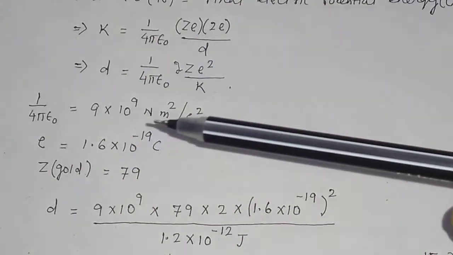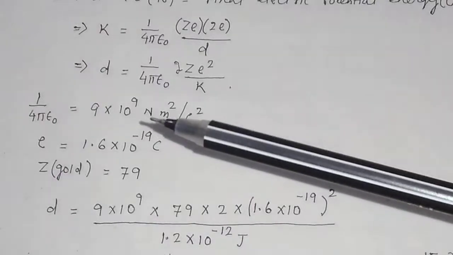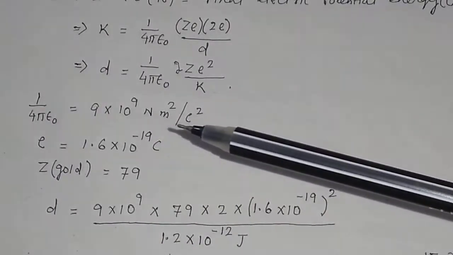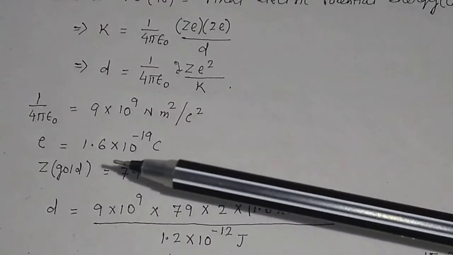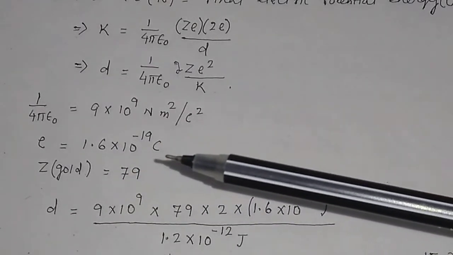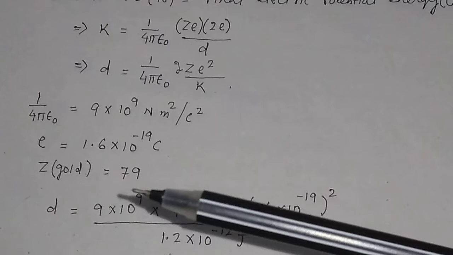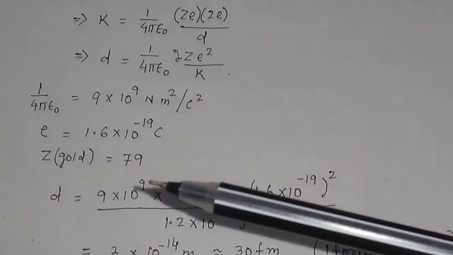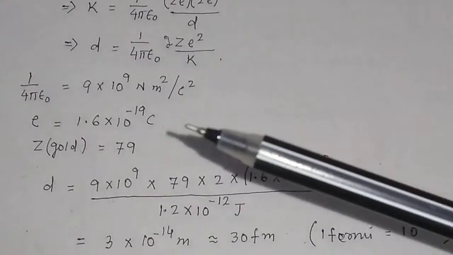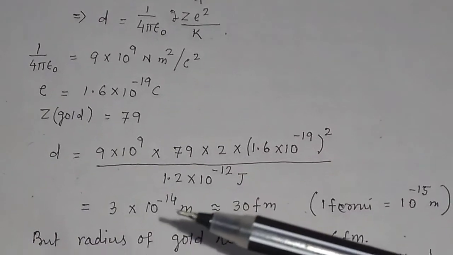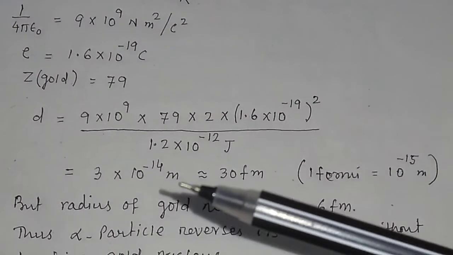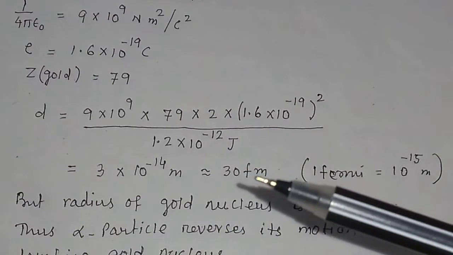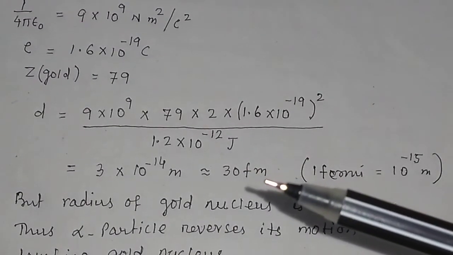The value of 1 by 4 pi epsilon 0 is the standard value 9 into 10 to the power 9 newton meter square per coulomb square. Charge of electron is 1.6 into 10 to the power minus 19 coulomb, and Z, the atomic number for gold, is 79. If you put these values, you find d equal to 3 into 10 to the power minus 14 meter, which is approximately 30 fermi.